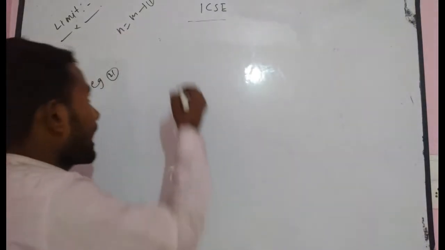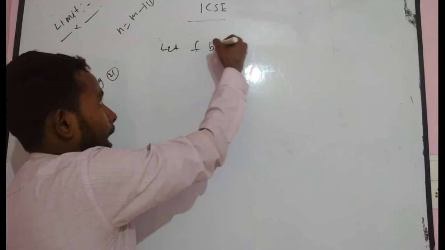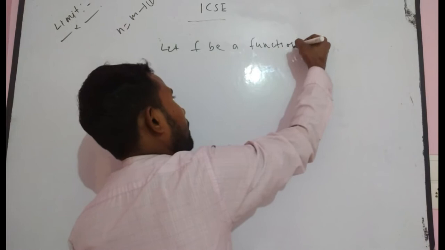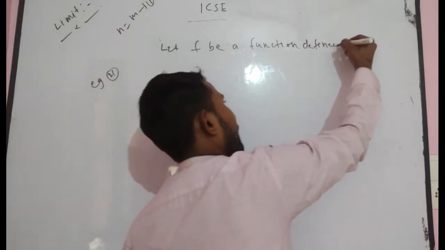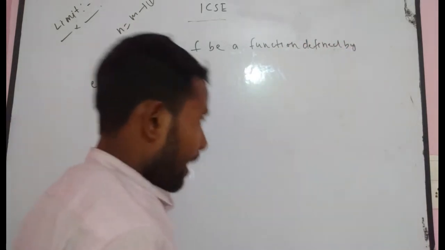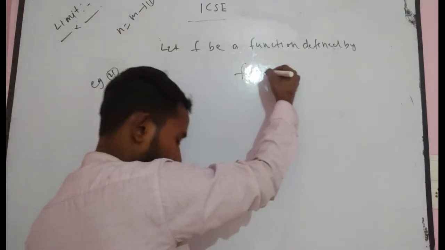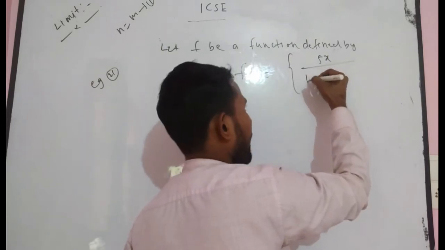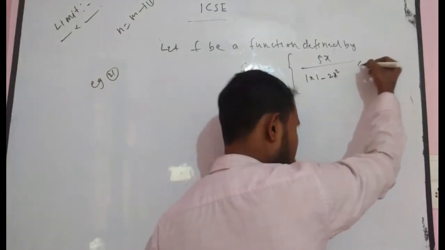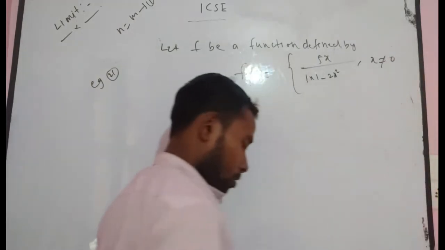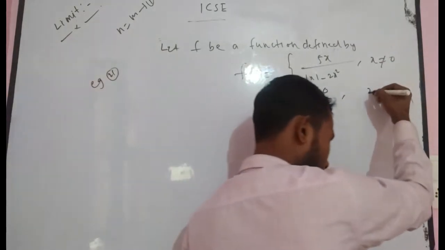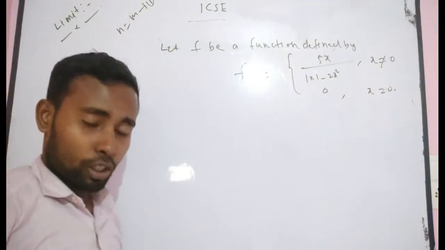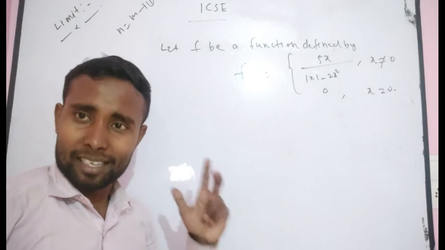Let f be a function defined by f(x) equal to 5x by mod x minus 2x square when x is not equal to 0, and it will be 0 if x is equal to 0. Then you have to check at x equal to 0, does the limit exist or not?